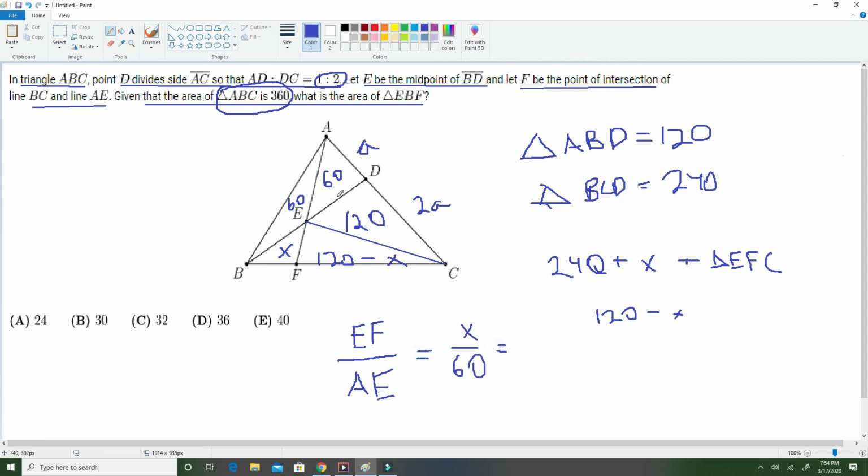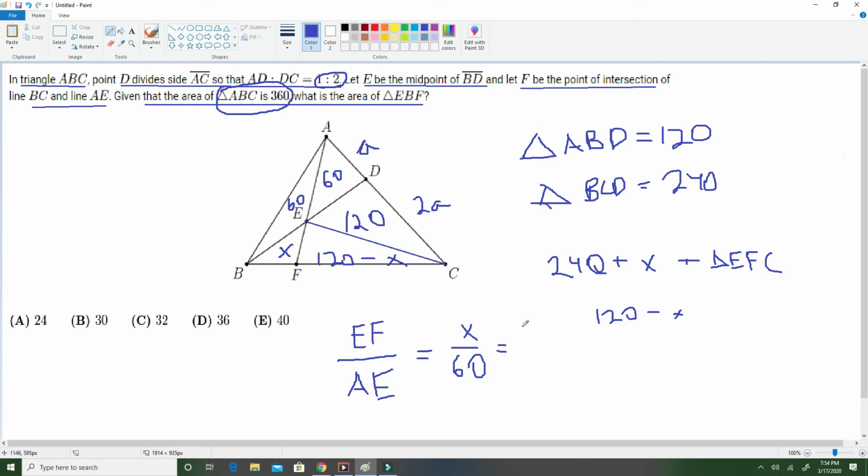Now if we flip over to the other side of AE and EF, we can see a similar thing happening. Triangles ACE and ECF have bases in the same ratio as EF to AE, so we can write their areas in the same way.